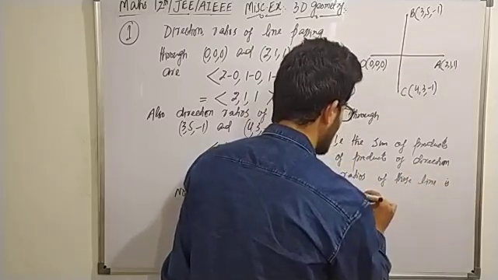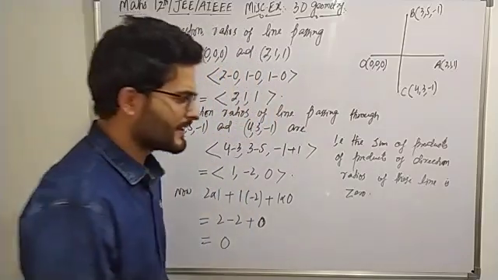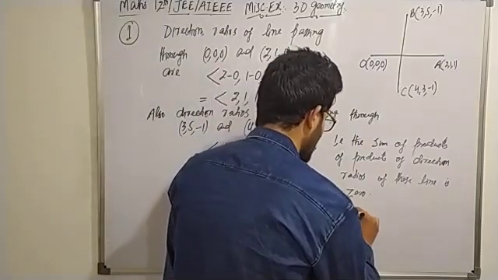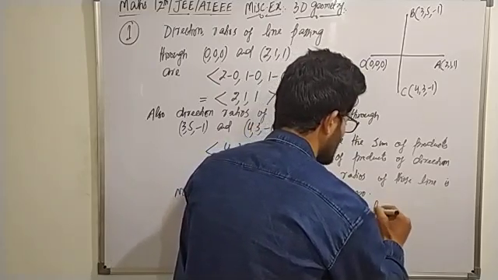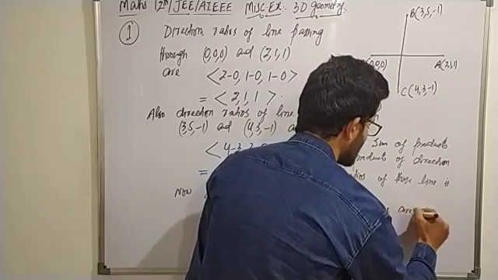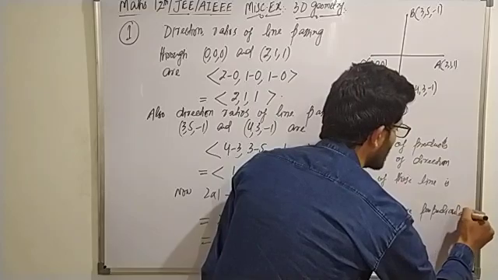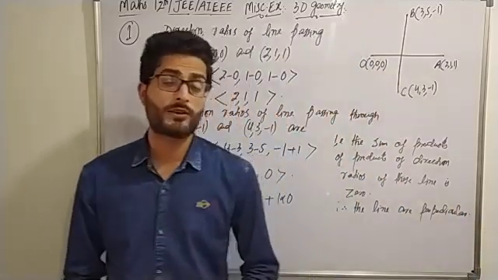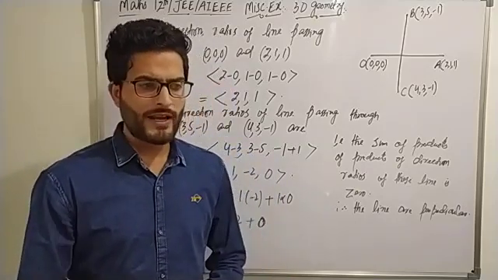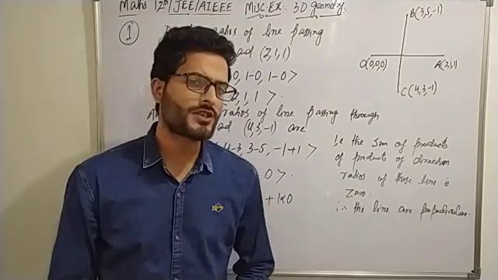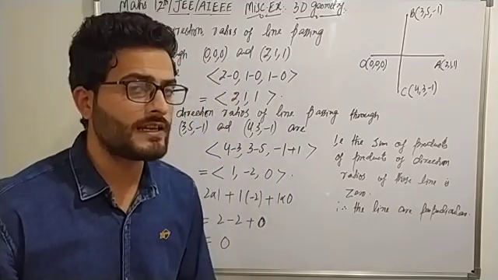And when the sum of products of direction ratios of the lines is 0, therefore the lines are perpendicular to each other. So these two lines will definitely be perpendicular. So how will we prove that two lines are perpendicular? Simply we have to find their direction ratios, and if the sum of products of direction ratios is 0, then the lines must be perpendicular. All about question number first of the miscellaneous exercise.